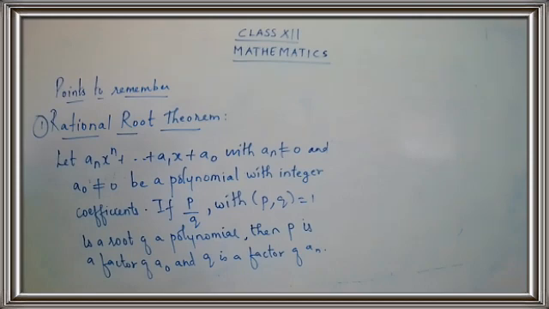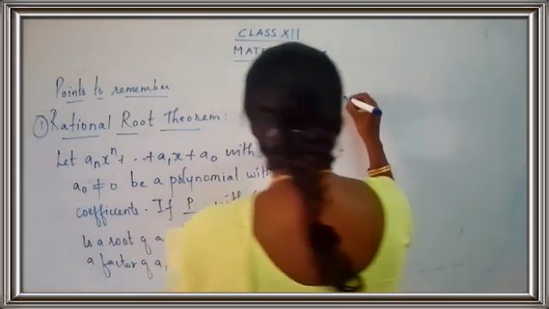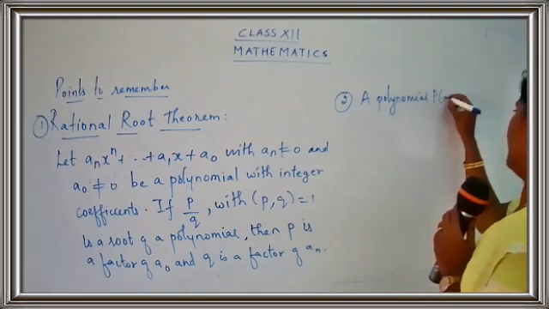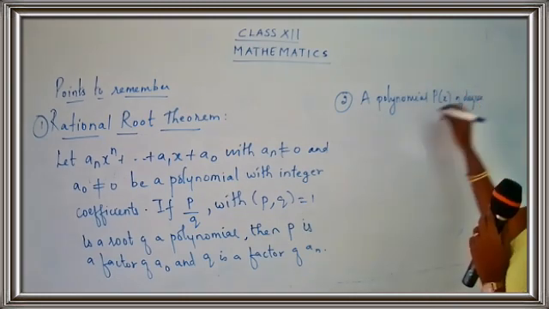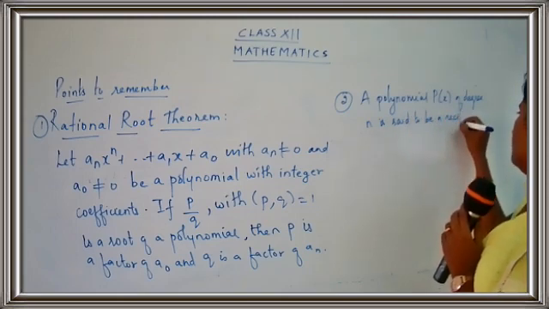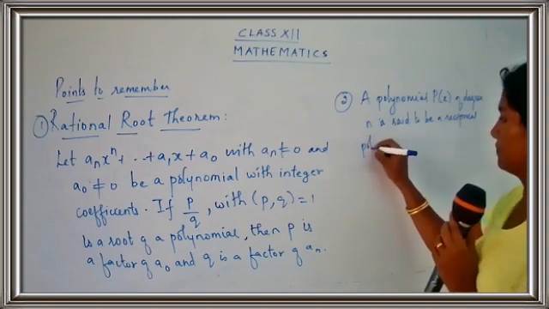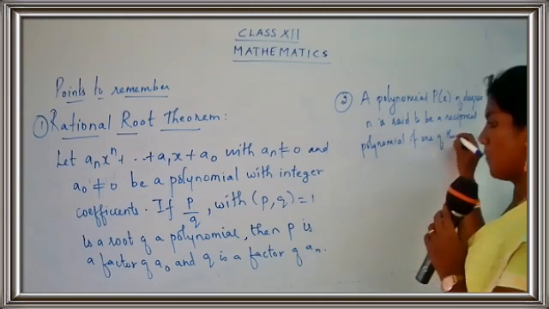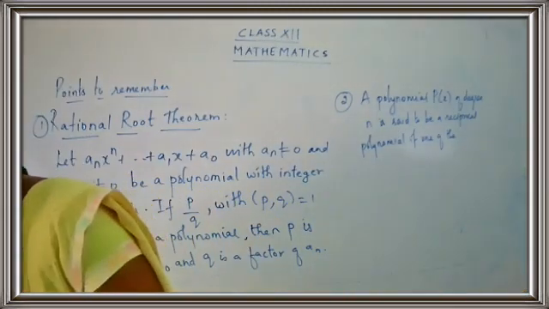A polynomial p(x) of degree n is said to be a reciprocal polynomial if one of the following conditions is true.